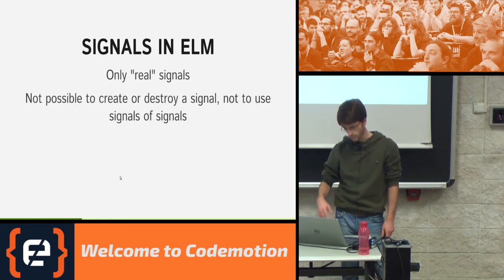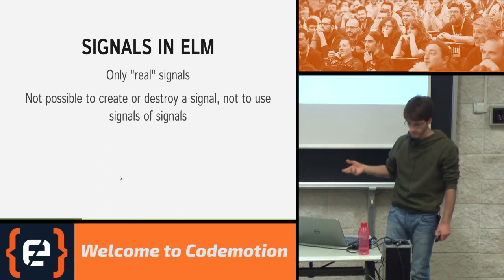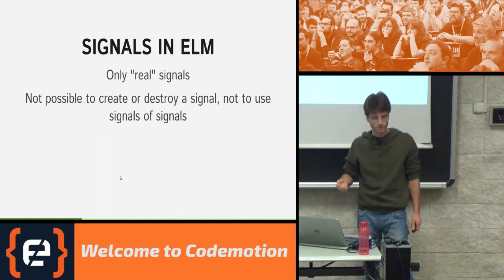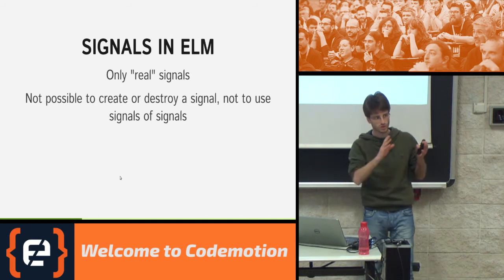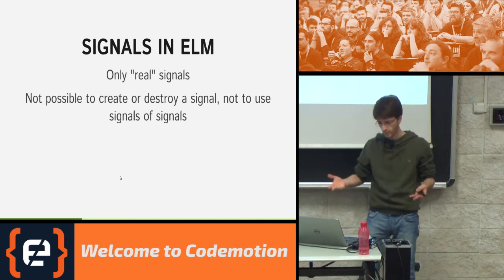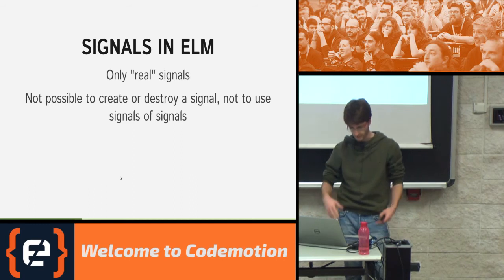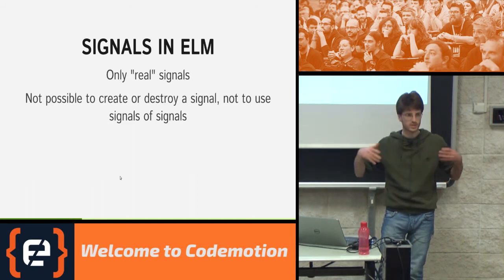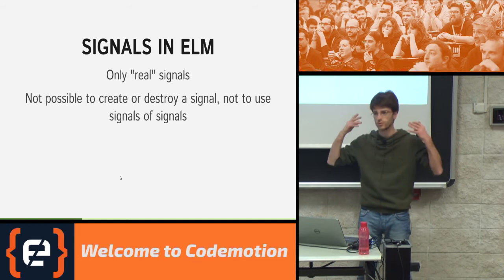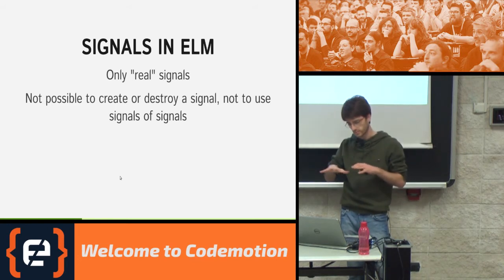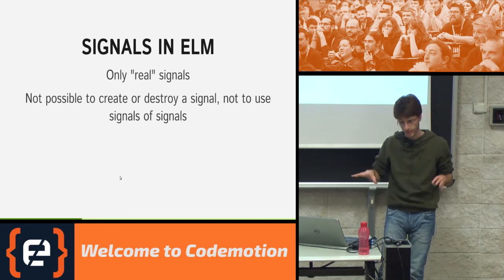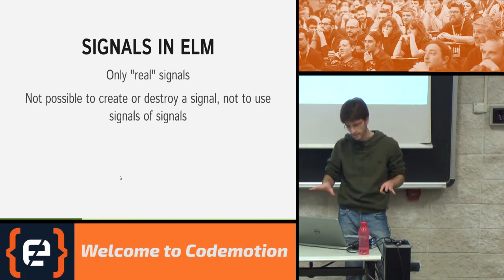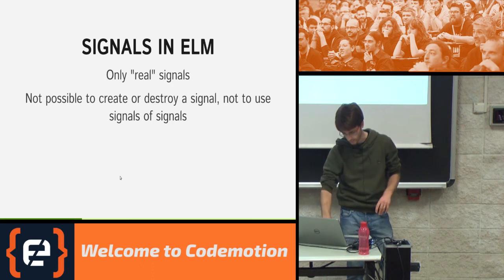And what does it mean that we have only real signals? It means that it's not possible for the developer to create or destroy a signal. We have just some pre-configured ones that we can use. And we also cannot create signals of signals, so as not to make things too complicated. This was done to keep things simple. And simplicity, in this case, led to some really nice abstractions.